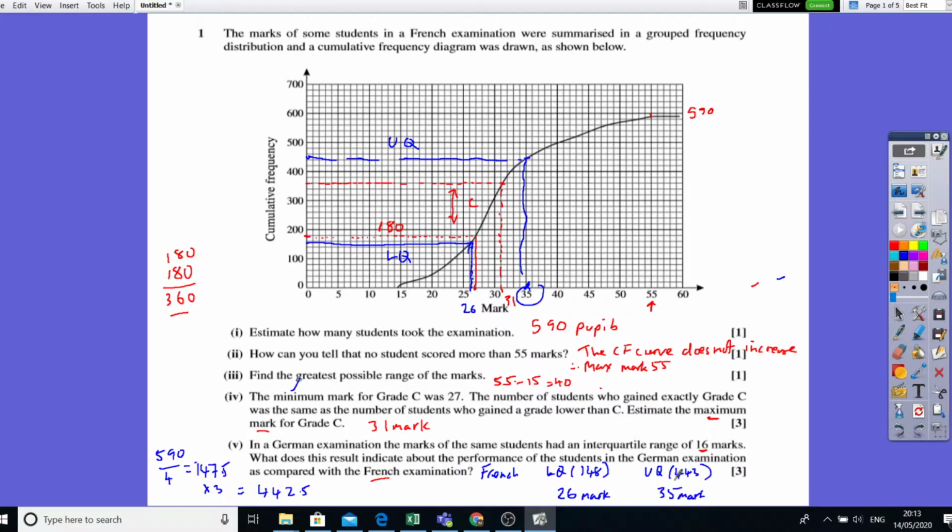so my interquartile range is going to be 35 marks subtract the 26 marks, which gives me 9 marks. Now remember from the question, if we go back, the interquartile range for the German marks was 16.